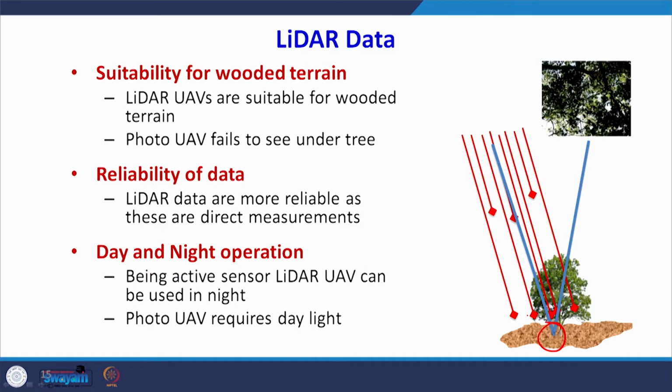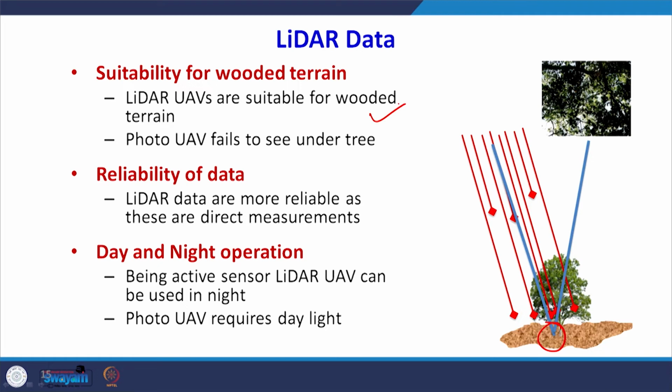They will find some open space and penetrate to the ground and return from the ground and will give me the elevation of that particular point. So when we are working in an area obstructed by vegetation cover, we can not only get the height of the tree or the structure of the tree, but also the ground features.